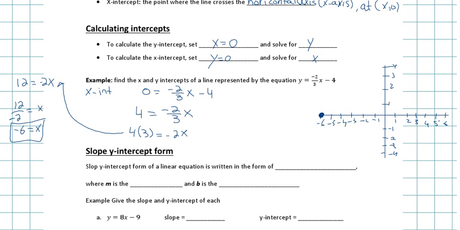Okay. Now to solve for the y-intercept, what do I have to do? Put 0 in for the x. So y equals negative 2 over 3 times 0 minus 4. So what do I get?